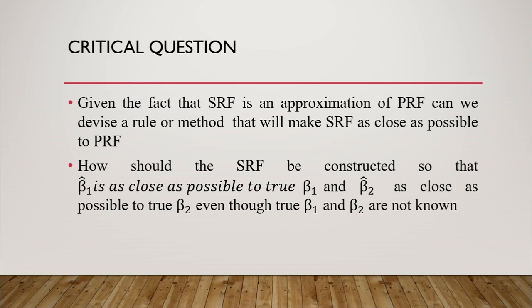So in a simple linear regression model, we will try to find some techniques which enable us to make beta 1 hat as close as possible to beta 1 and beta 2 hat as close as possible to beta 2.